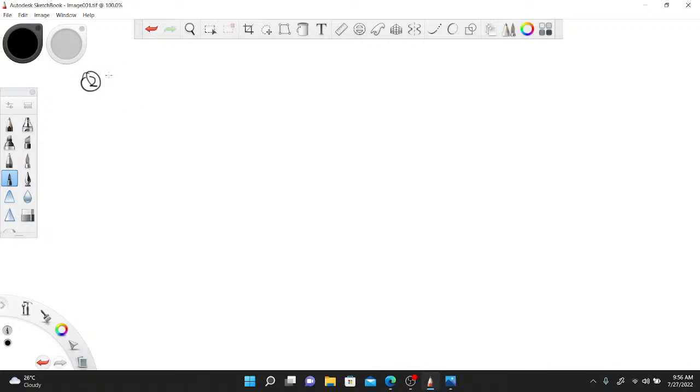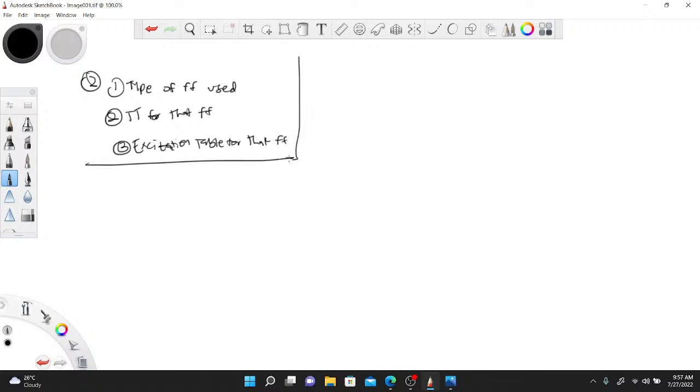With this one, you will need to know, one, the type of flip-flop used, two, the truth table for that flip-flop, and then you need to know the excitation table for that flip-flop. With these, you'll be able to determine the second one.